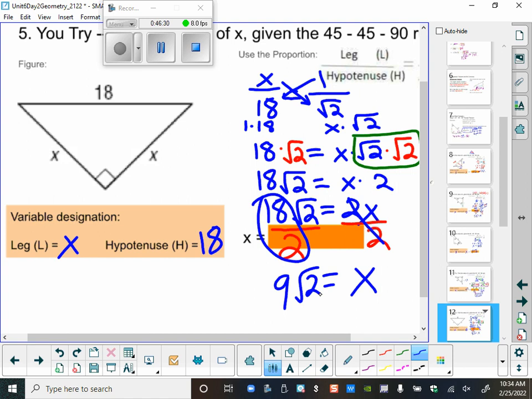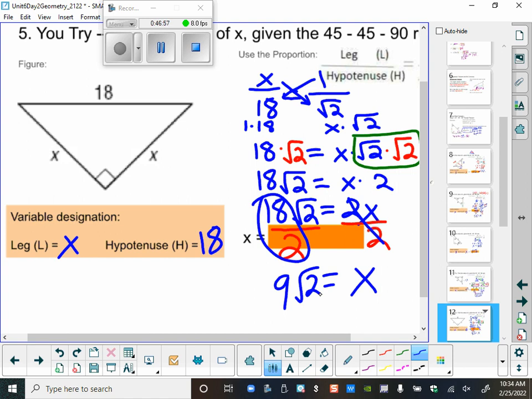Now, we're going to be doing similar stuff the rest of the way, but we're going to be dealing with a different type of triangle. And that's called the 30, 60, 90 triangle. For these types of problems, you're going to have to do 1, maybe 2 proportions per problem.